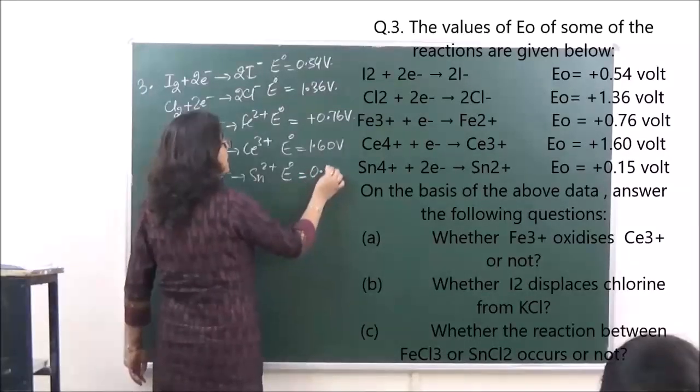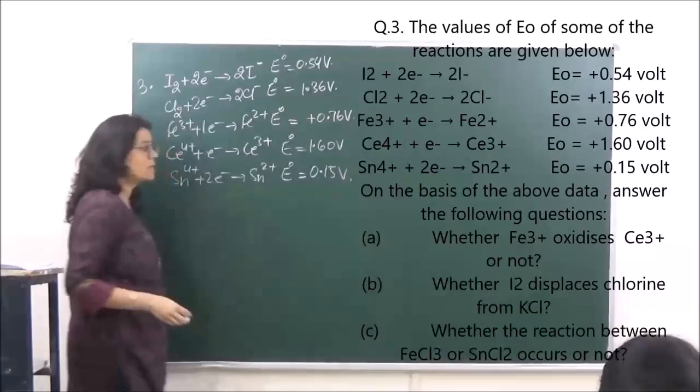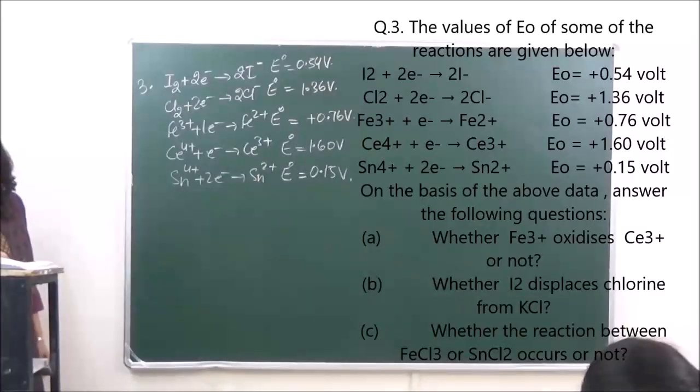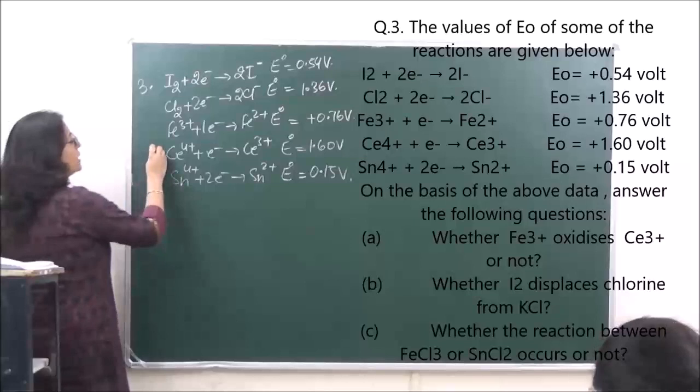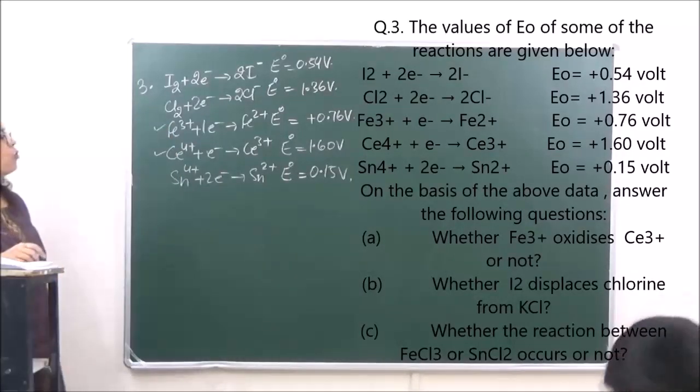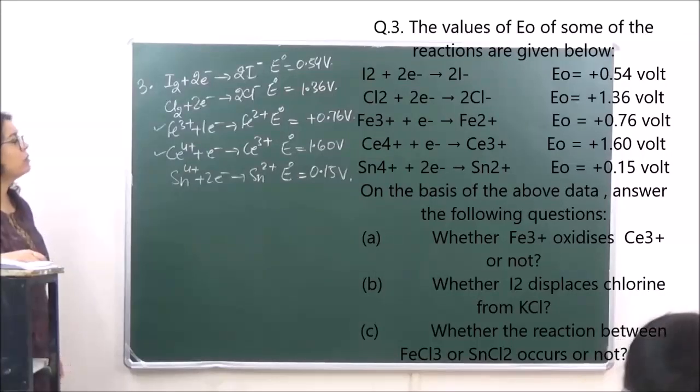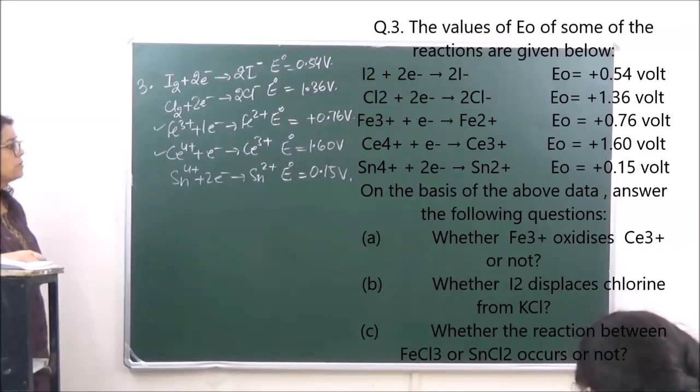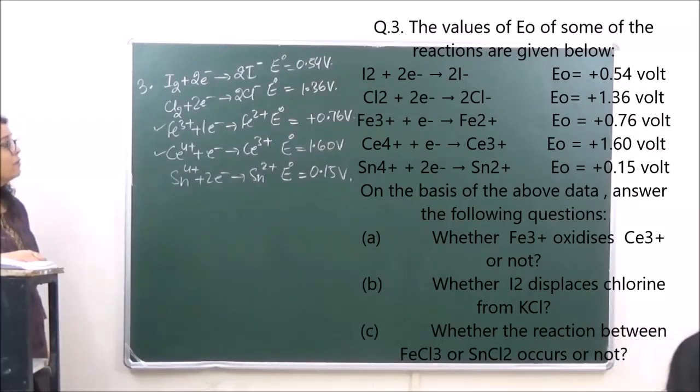Now looking at these values, you are supposed to answer the questions given below. The first one is whether Fe3+ oxidizes cerium or not. When we are looking at the two values of cerium 4+ and Fe3+, the value of cerium is 1.60, right? And the value for iron is how much? 0.76.